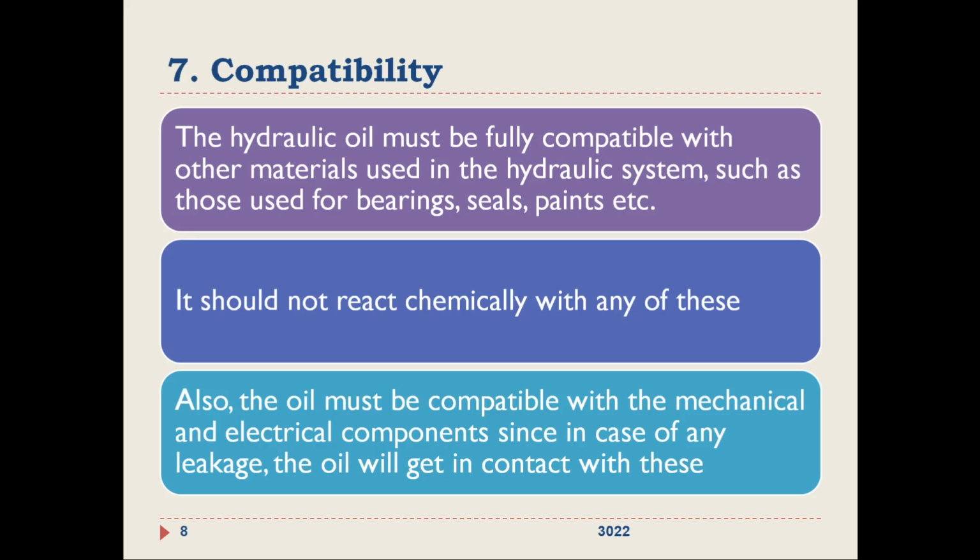The selection of hydraulic oil is finalized based on the compatibility of different materials with which it may come in contact in case of leakage also. That should be studied carefully. Suppose leakage happens, what are the chances of hydraulic oil coming in contact with other components, which components are they, and is there any chemical reaction with them?